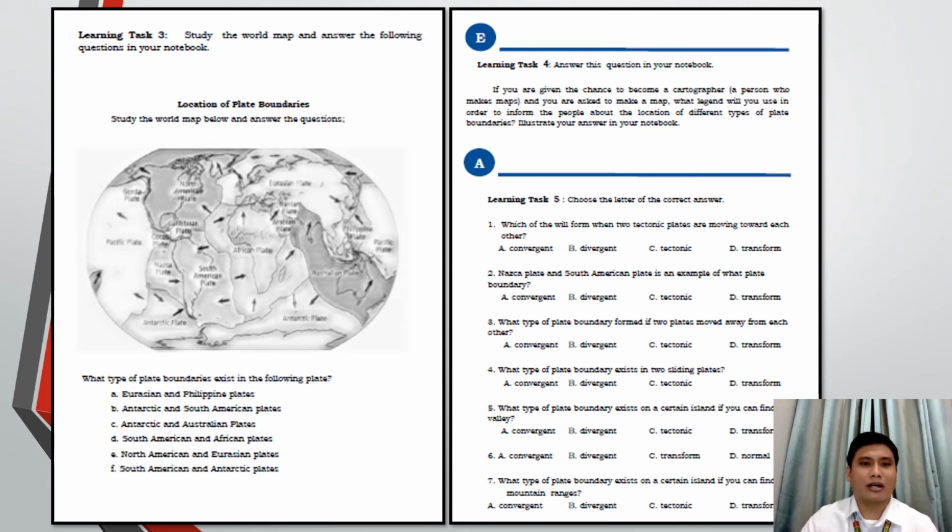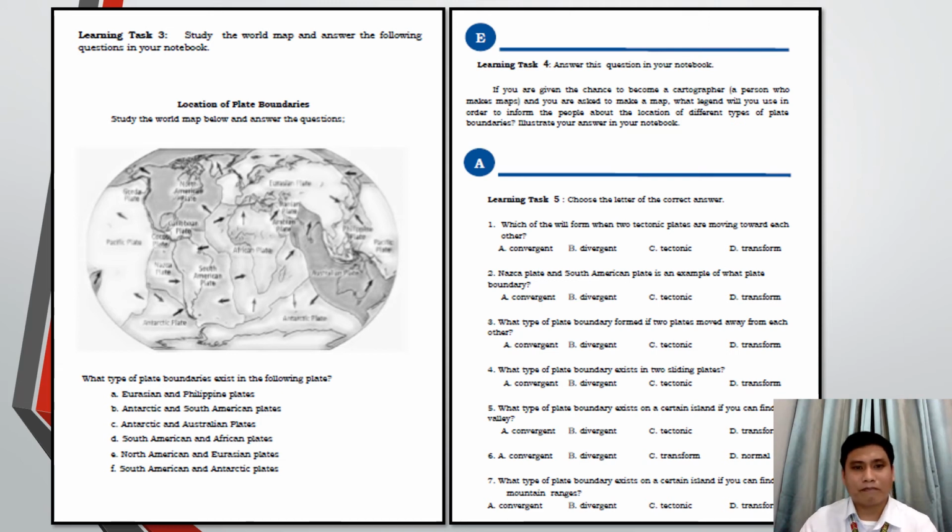There are pairs of plates given there. Letter A is the Eurasian plate and Philippine plate. So you will just locate the Eurasian plate and Philippine plate in the picture, and you identify whether it is convergent, divergent, or transform. And then you write your answer. The same goes for B, C, D, E, and F.